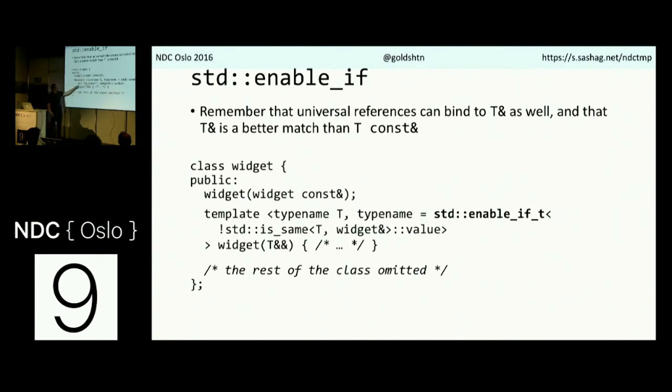So in this case, the expression I'm passing to enable_if is not is_same of T and Widget&. So basically a Boolean which says whether or not T is the same thing as an L-value reference to a widget. So if T is the same thing as an L-value reference to a widget, this expression, because of the not here, is going to be false. And then we have enable_if of false, and enable_if of false is not defined.